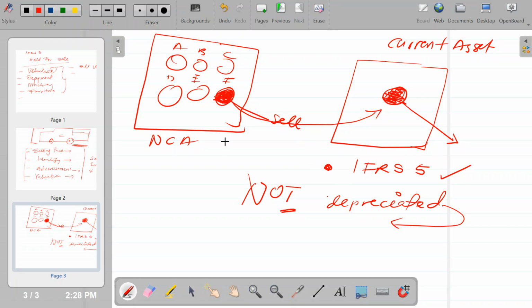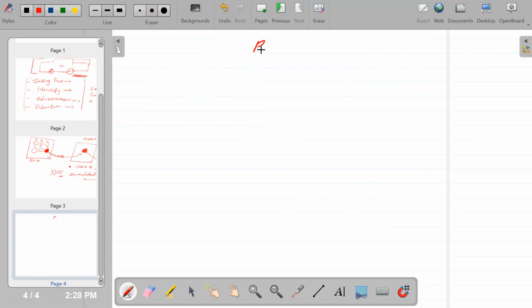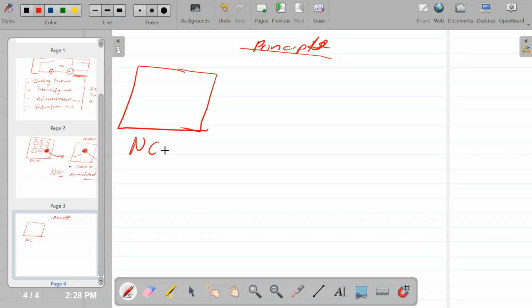Now let's look at another important principle. When the asset was originally under non-current assets, let's say we were using the cost model.